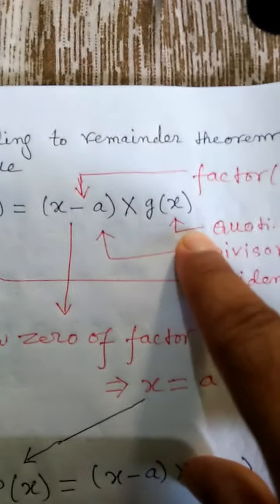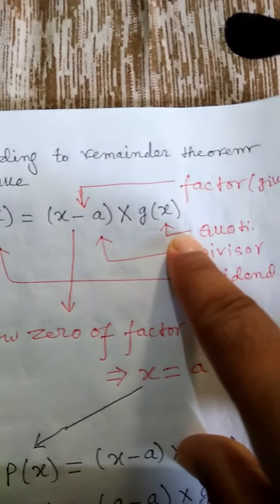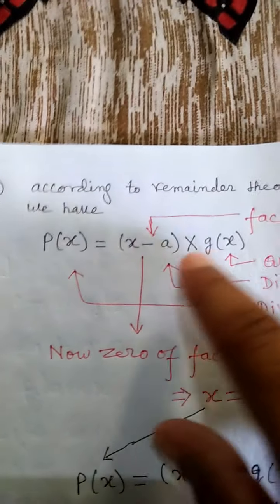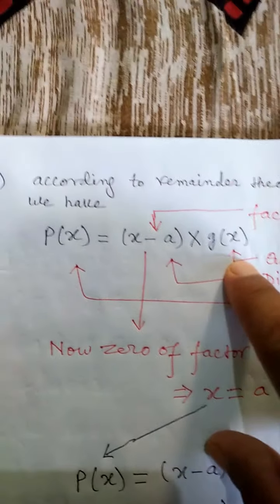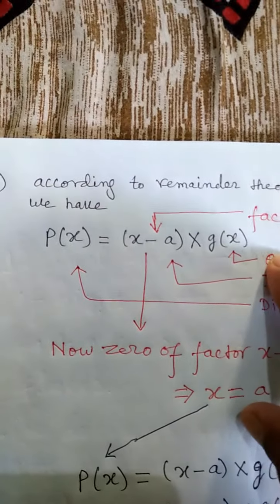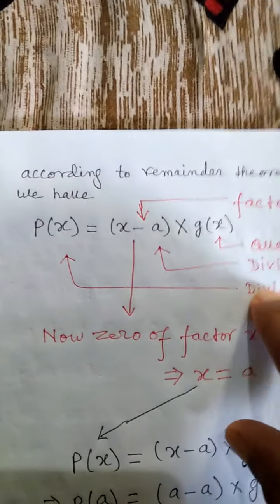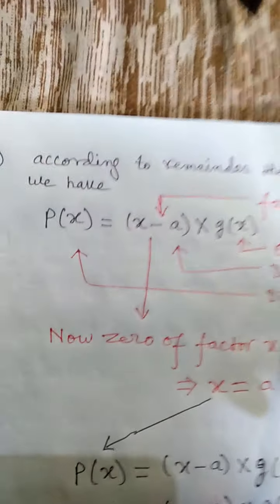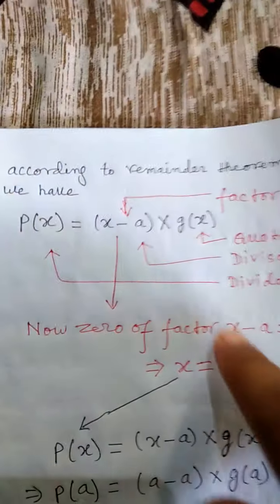As it is given here, this is factor, this is quotient, this is dividend. If its remainder is 0, then this x minus a is called its factor.